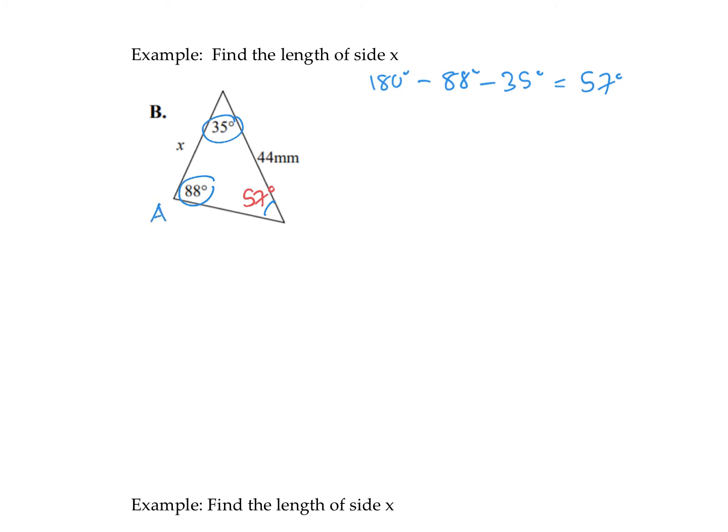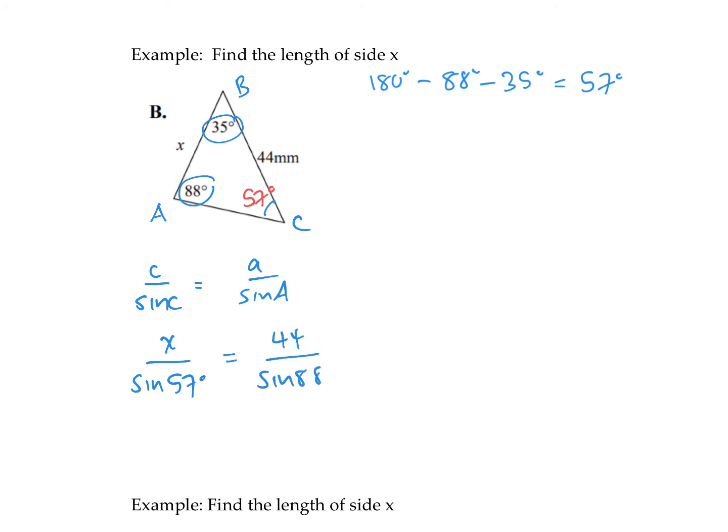So let's label this A, B, C. I'm looking for side C, and I know angle C. The complete ratio I have is A and sine A. So C is X, angle C is 57, side A is 44, angle A is 88.